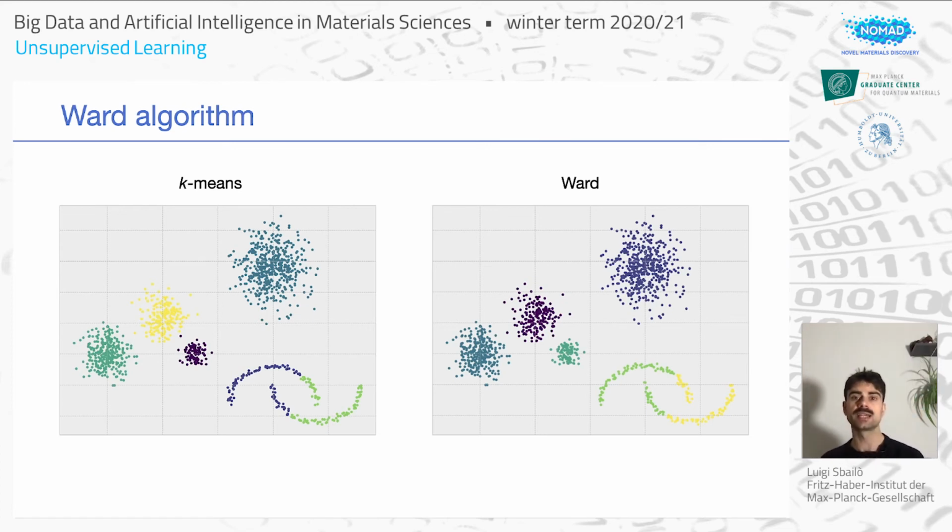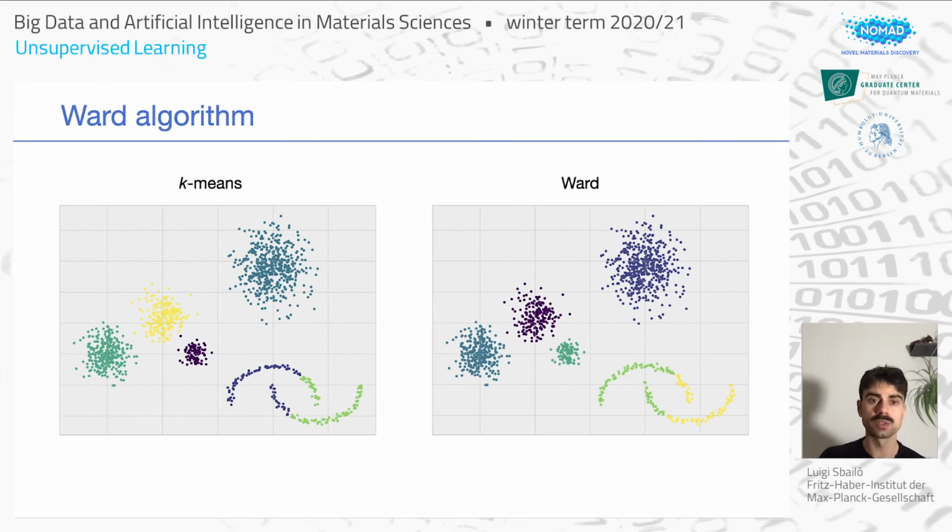In those cases, k-means and Ward are optimal. But you have also many other applications where there might be irregular clusters. You might have clusters with different sizes, with different shapes, and you would like to detect those clusters.